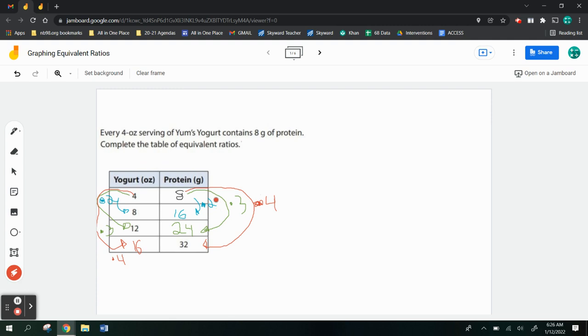And I do want to point out that this table is in order. So it's like the first multiple, then times 2, then times 3, times 4. I just picked an easy one to start with. Usually it won't be in order. It'll purposely be out of order just to actually make you think about the math.